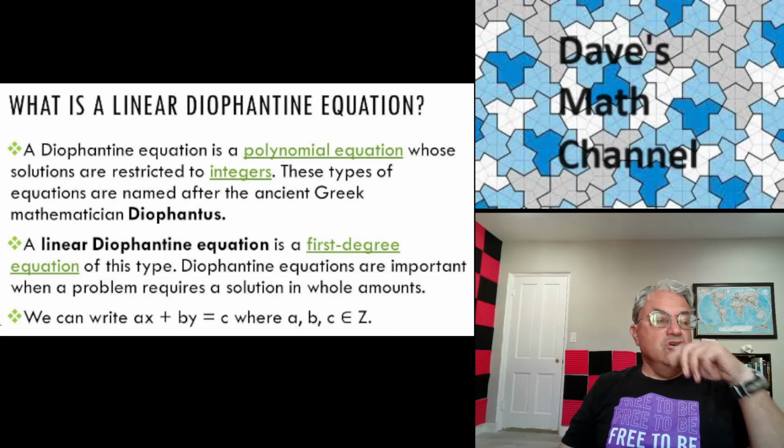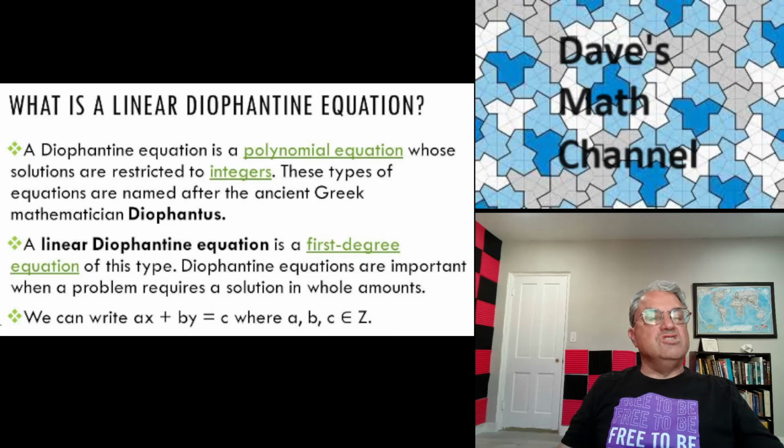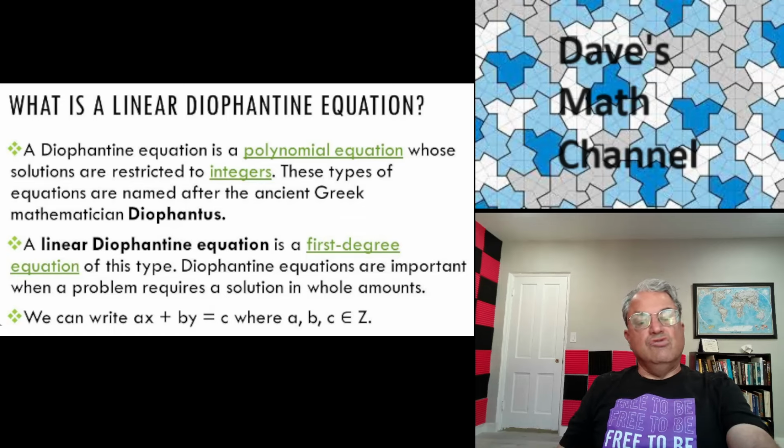So x and y are required to be integers, and we would like to be able to characterize all pairs of integers x, y that satisfy this equation for given a, b, and c. These are just arbitrary given integers where a and b are not both 0, because then that would be trivial. But anyway, how do we do this?